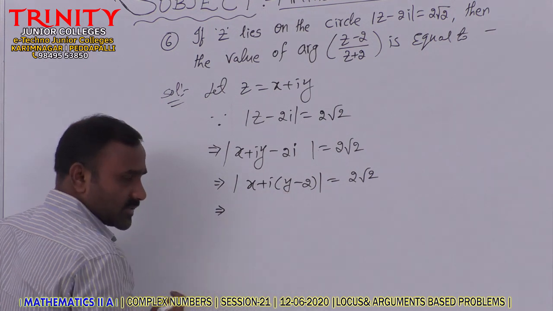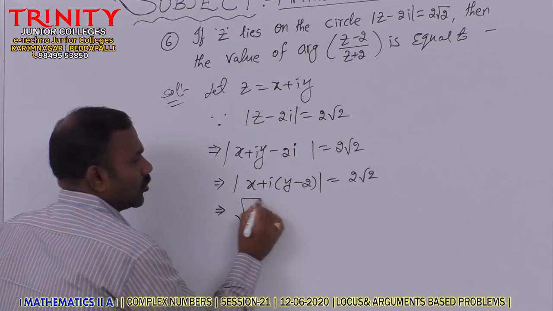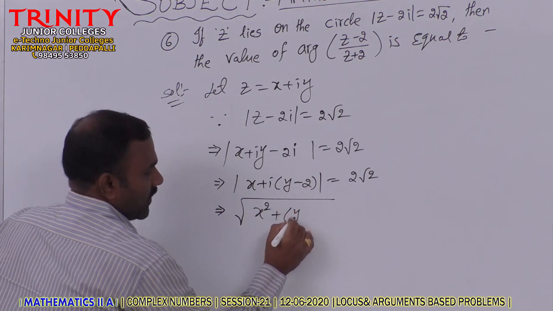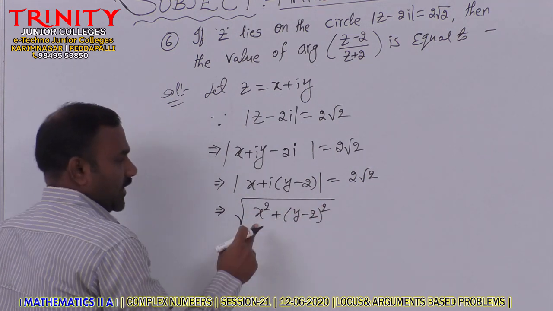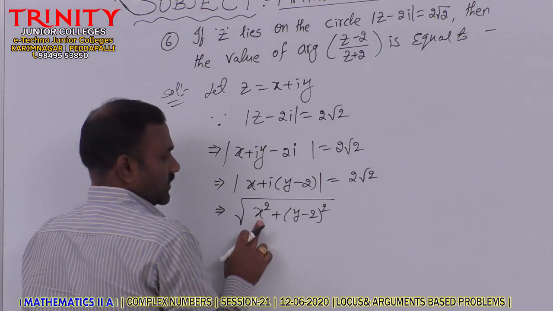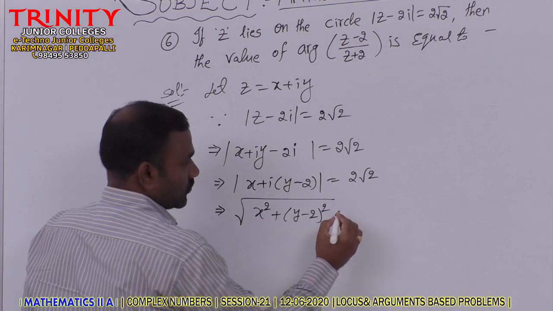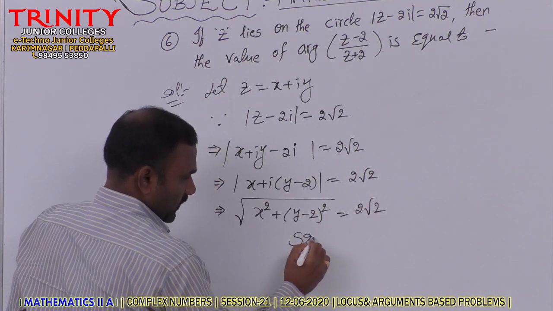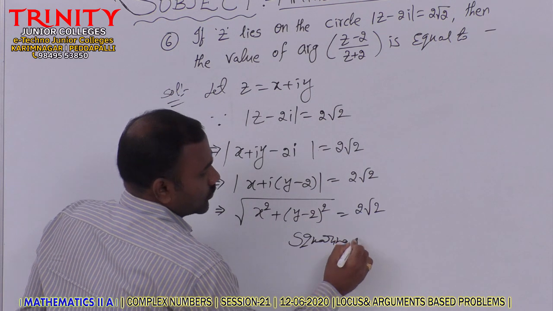Find the modulus of a complex number: under root, real part square plus imaginary part square. That is root of x square plus (y minus 2) whole square. Now to cancel the square root, go for squaring on both sides.